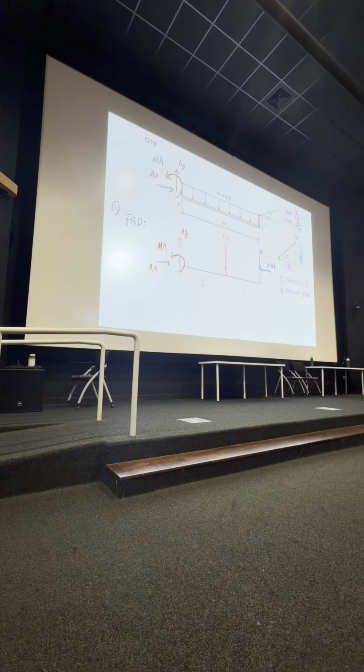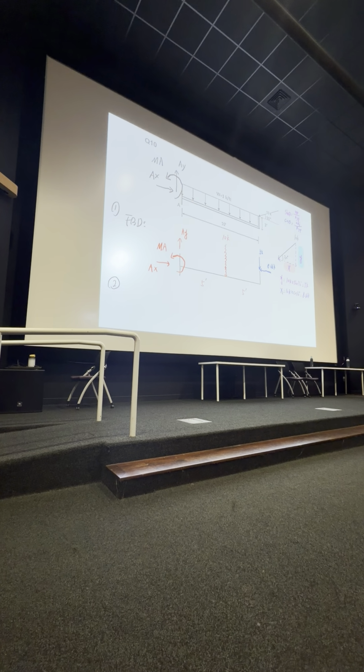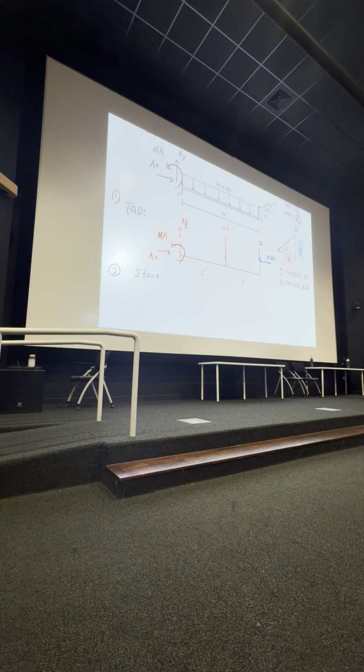So this is the first step. The second step is to set up the equilibrium equations, right? First of all, let's do sigma Fx equal to 0. Remember, we have three equilibrium equations. Sigma Fx equal to 0 means that the sum of all of the forces in the x direction equal to 0. If you look at our free body diagram, which forces are in the horizontal direction or x direction?